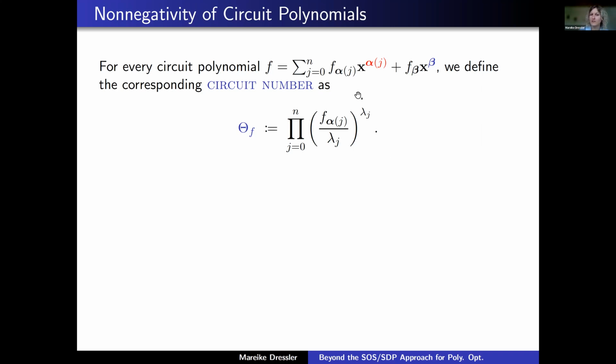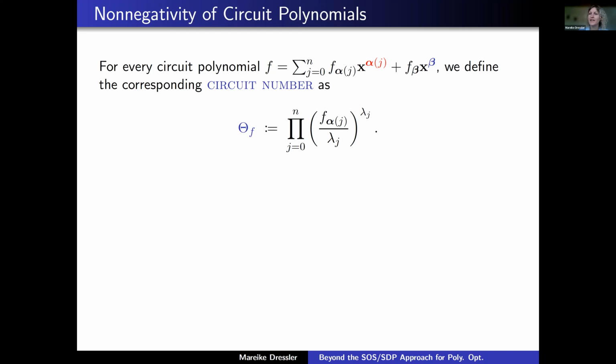The circuit number is just given by this product, which can be derived immediately from an input circuit polynomial, because you just have to take in the numerators the coefficients of the vertices, which can be read off from the circuit polynomial. And in the denominator and in the exponents are the barycentric coordinates of this interior point, which can be derived by solving a system of linear equations.